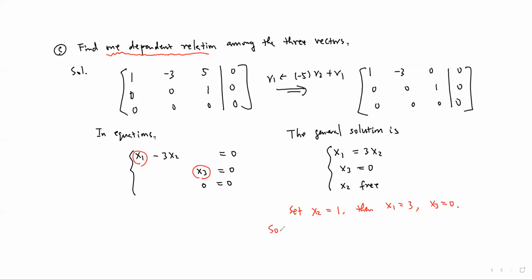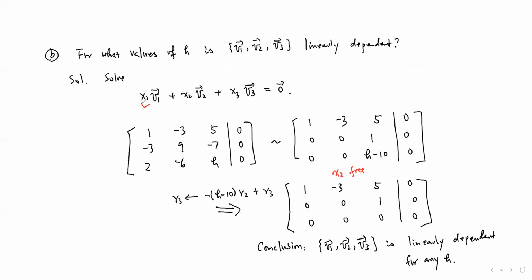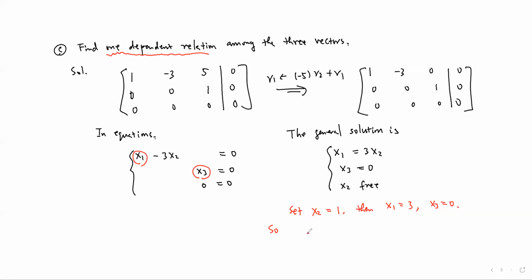Therefore, one dependent relation is to plug the solution into this vector equation: x1 is 3 times v1 plus x2 (1) times v2, plus x3 (0) times v3 is 0. Yeah. This equation is one dependent relation. Done.